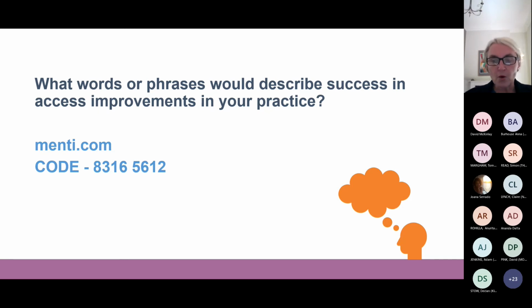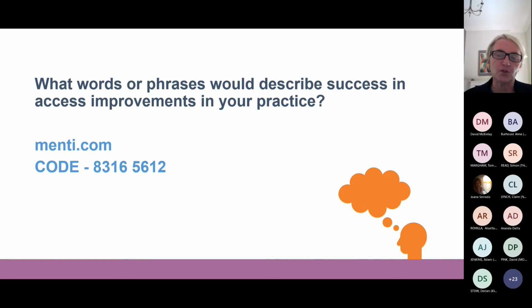So before we get going on today's session, I would like you to go onto menti.com on your phone. So if you just go onto your phone and search up menti.com and add in the code, which we'll also put in the chat as well, so you can come back to it later if you want to. And what we're asking you to do is just think about some words or phrases that would describe success in an access improvement in your practice.